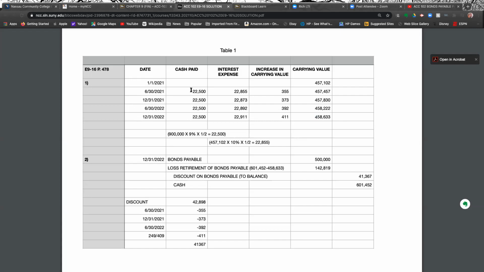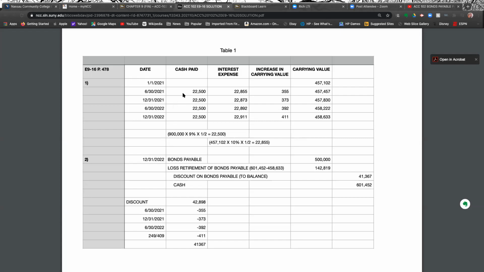What's the cash paid? What's one payment? 500,000. Hold on. I don't know where this 900 came from. That's another typo. 500,000 times 9% times 1/2 is 22,500, right?